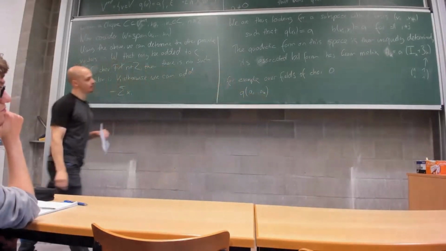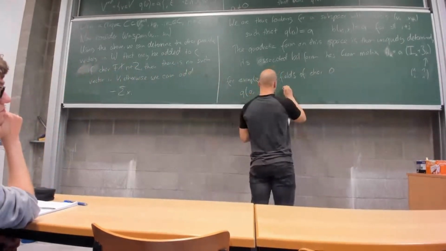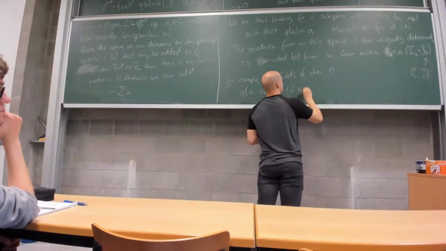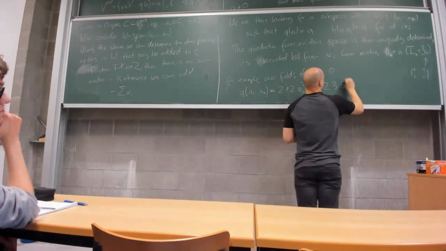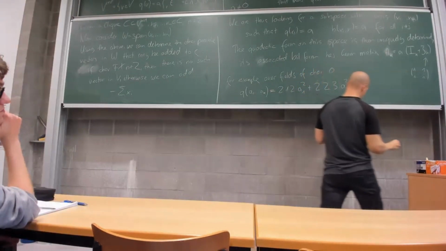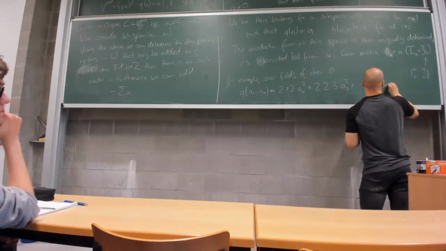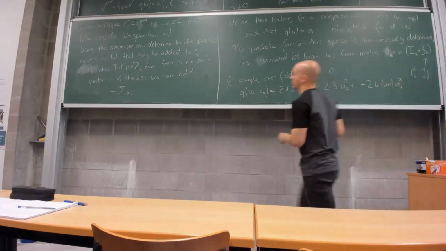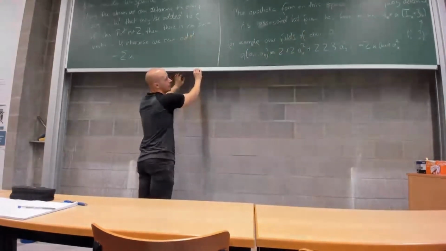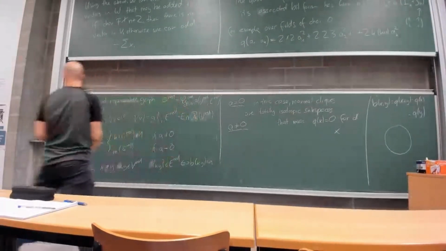A k-dimensional vector with entries a1 to ak is then mapped to 2 times 1 times a1 squared plus 2 times 2 times 3 times a2 squared and so on. So it really can be computed explicitly.